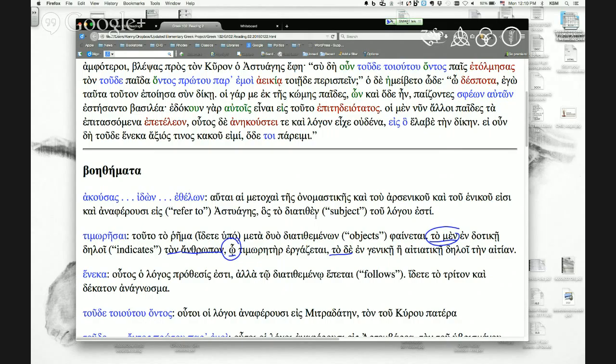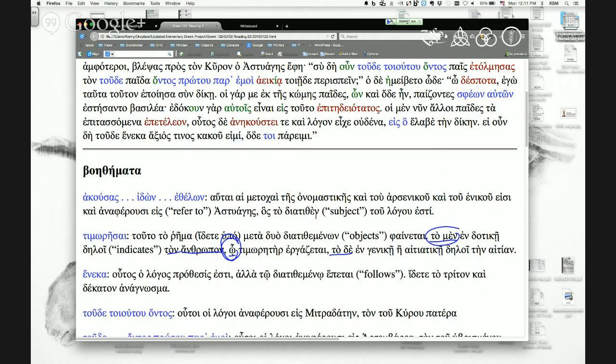It is a dative, right? What kind of word is this? It's a pronoun, right? It's a relative pronoun. And it's dative. What's its gender? Masculine. And what does it refer to?